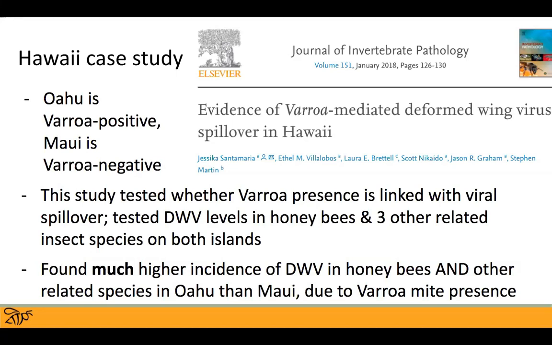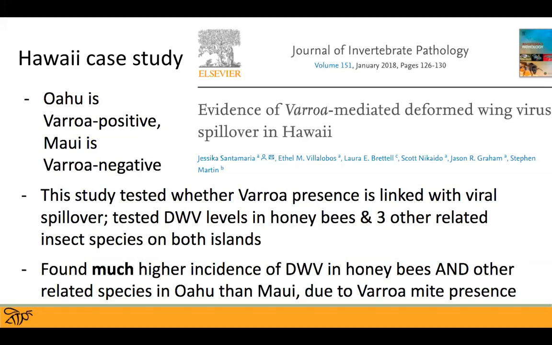What they did is they tested deformed wing virus levels in honeybees as well as 3 other related insect species on both islands so they could compare. In case you're curious, the other insect species were 1 species of carpenter bee and 2 different species of social wasps.